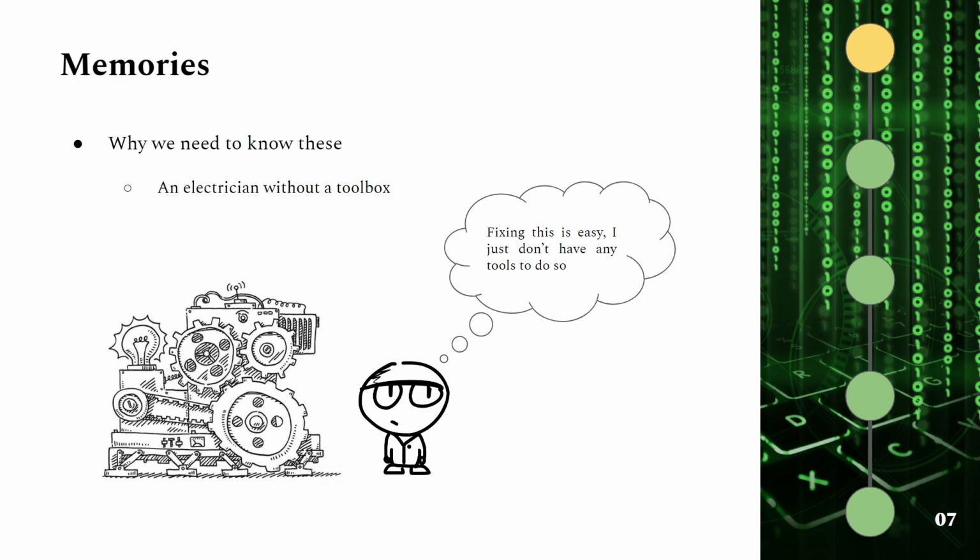Because when you want to fix it, you will need to understand how memories work. Major problems in coding actually come from lack of understanding of memory, of pointers, and of these concepts. Hence, you do need to develop your skills in understanding how memories work.